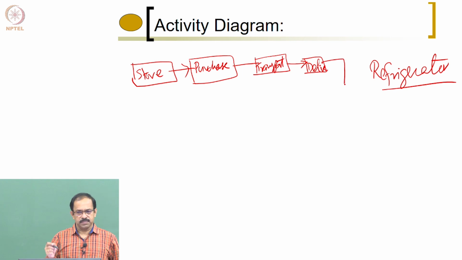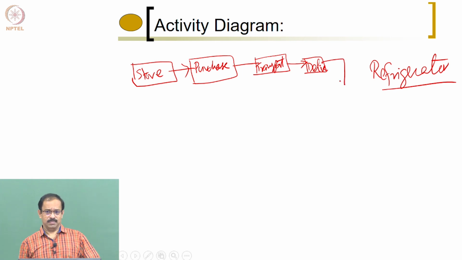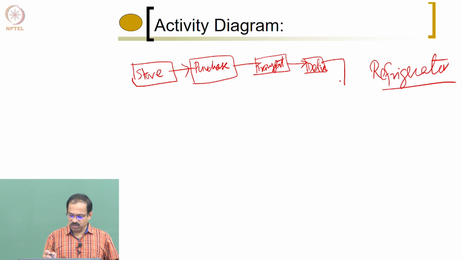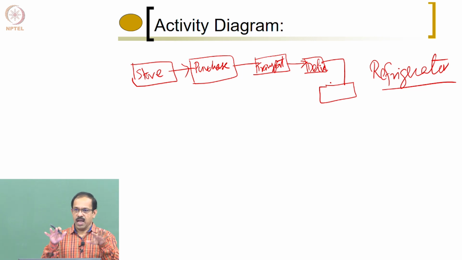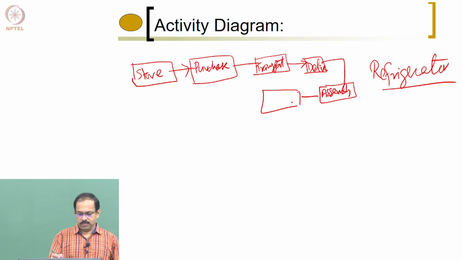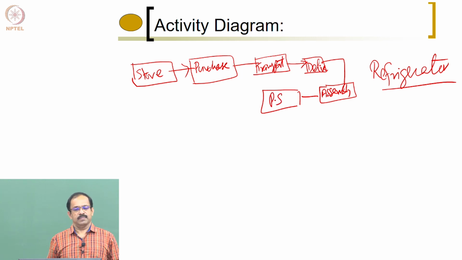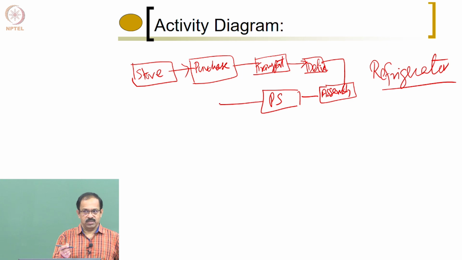Then what will happen after the delivery? Installation, or we call it assembly. Because the product will be having multiple parts, it has to be assembled. So there is an assembly involved, and then connect power supply. So you connect the power supply and then start using it, right? That's what happens. So what are the uses you will be having?